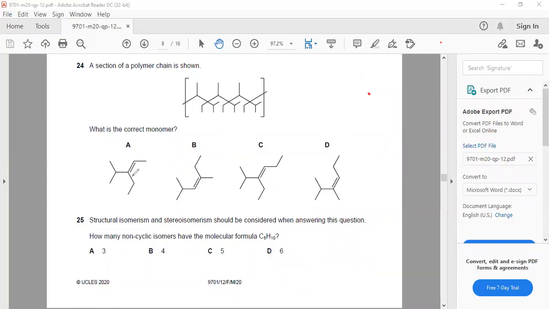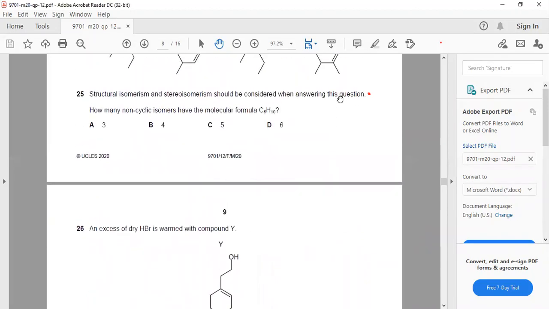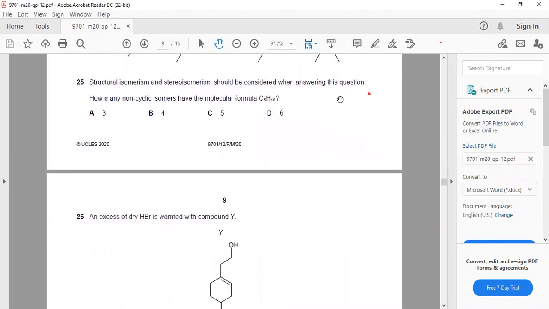Okay. Question number 25 is about isomerism, about isomers, and you have to consider structural plus stereo. There is no shortcut for this. You have to do it for C5H10. Number one is easier to save your time.